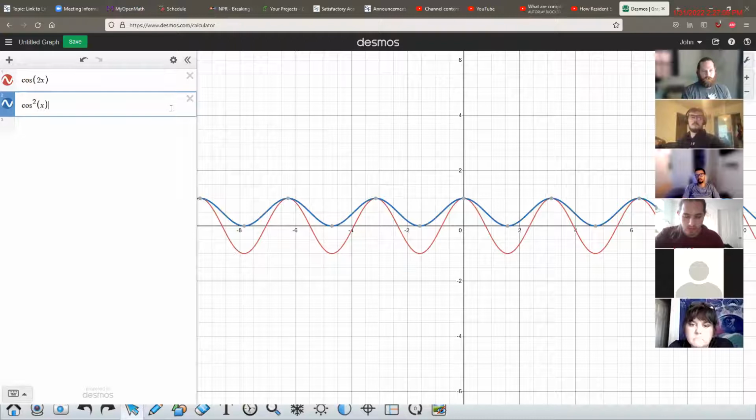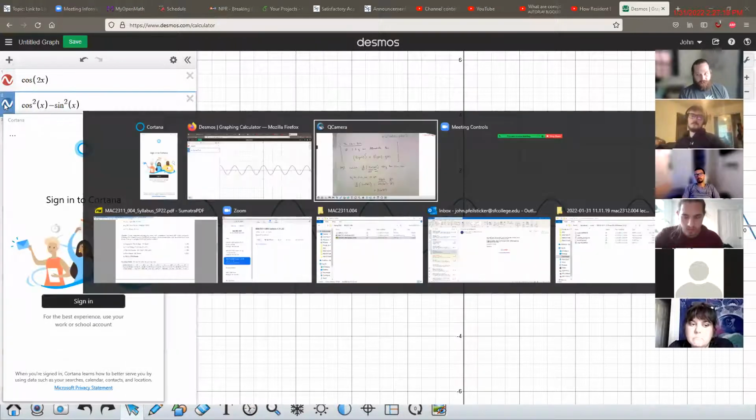Here's cos squared x. It's a little funky looking. Here's cos squared x minus sine squared x. They're the same. It's the same function. That's the double angle identity for cosine.